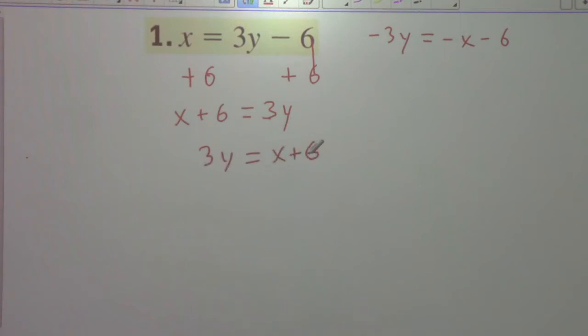Now why would I do that? These two are both the same, right? What property of algebra allows me to do this? You remember? Wouldn't it be like the reflexive property or something, because one side equals the other?